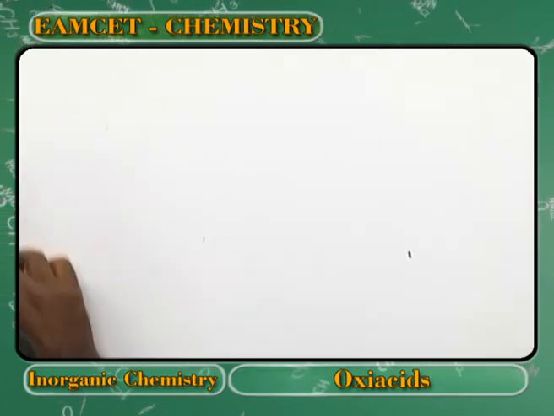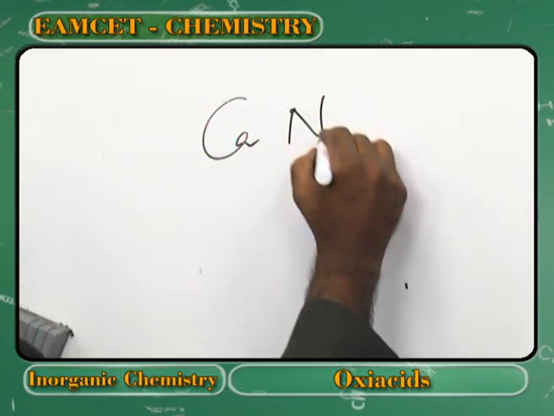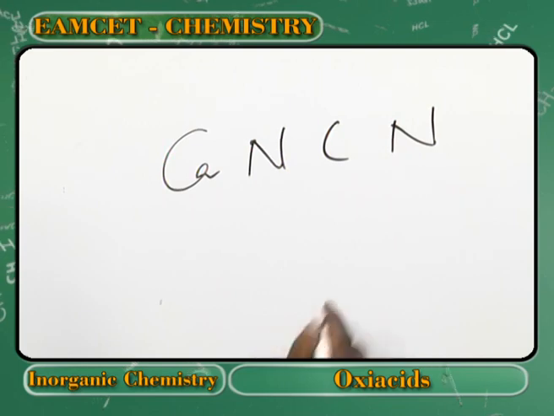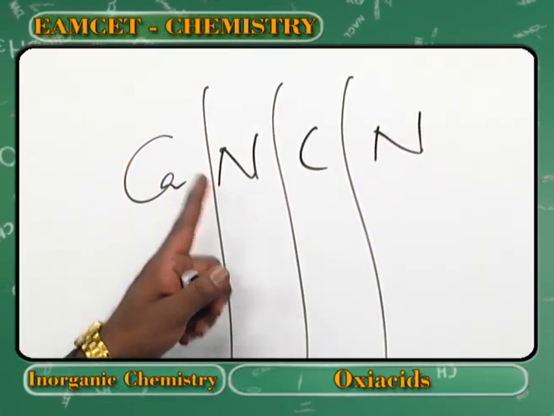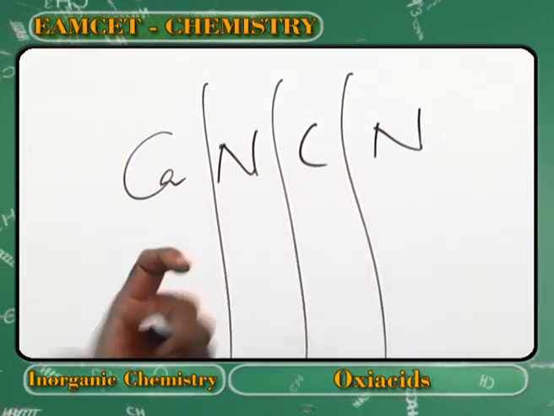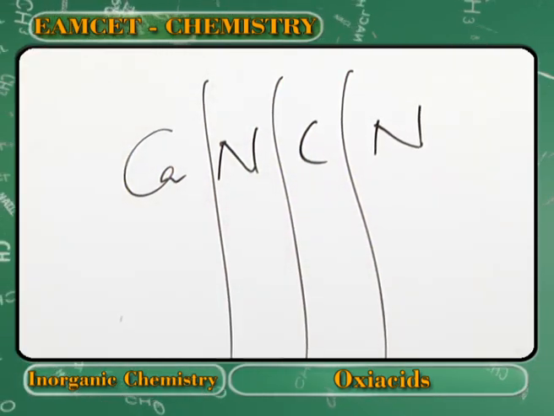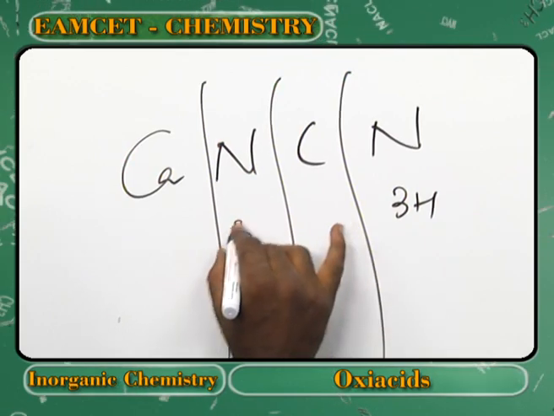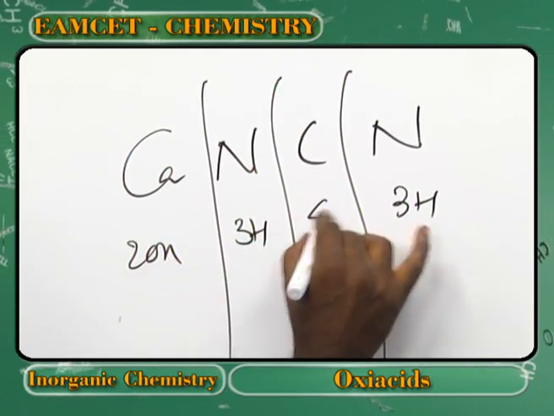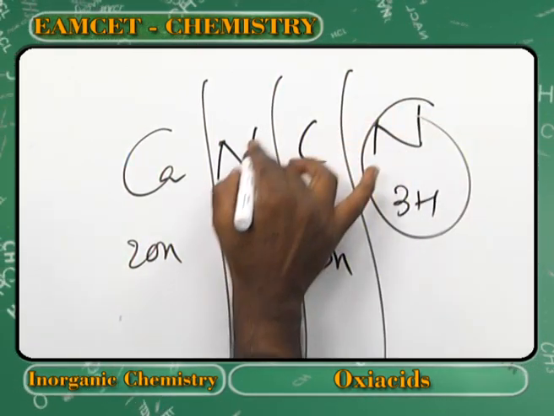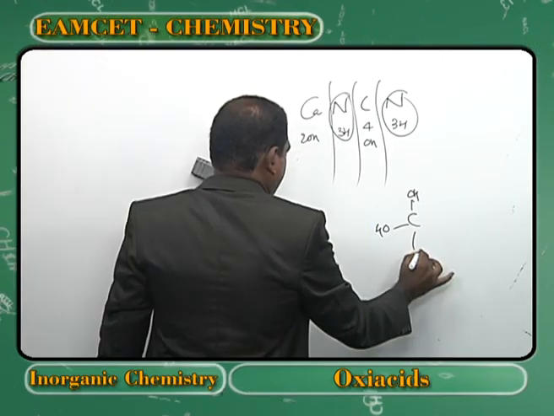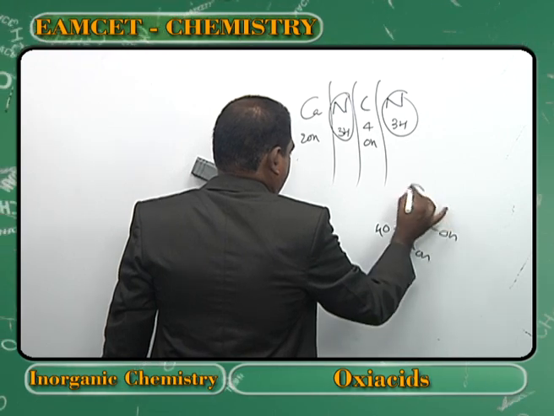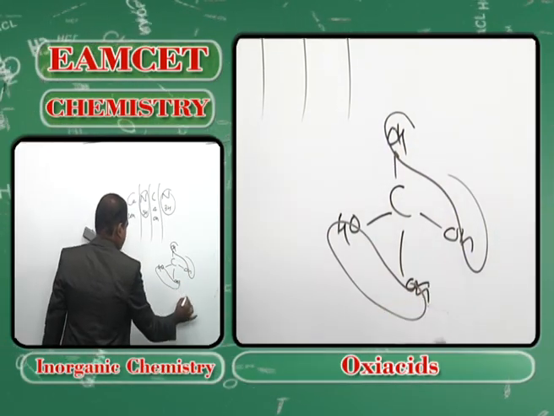And calcium cyanamide, CaNCN. Break the bond wherever there is polarity: calcium, nitrogen, nitrogen, carbon, carbon, nitrogen. Wherever there is electronegativity, break it. So you get 3H, 3H again, 2OH, 4OH, ammonia, ammonia. Carbon with 4OH, you all know carbon cannot handle, automatic loss of water, you get CO2.